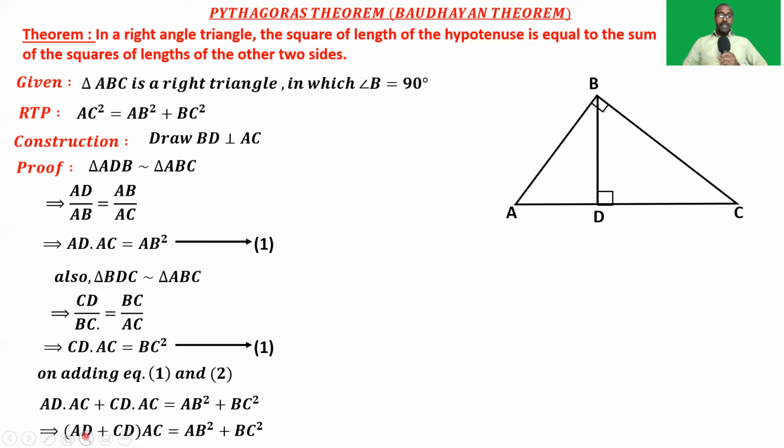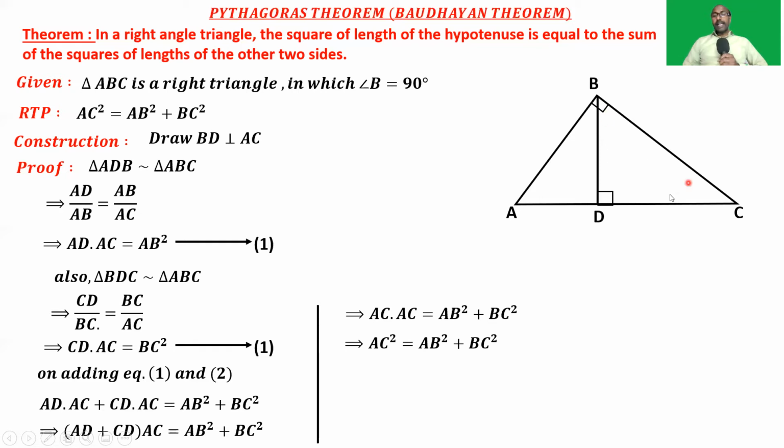Then we get AD plus CD into AC is equal to AB square plus BC square. But from this figure, we have AD plus CD is equal to AC. So we can write AC into AC is equal to AB square plus BC square, and from this we have AC square is equal to AB square plus BC square, which we require to prove.